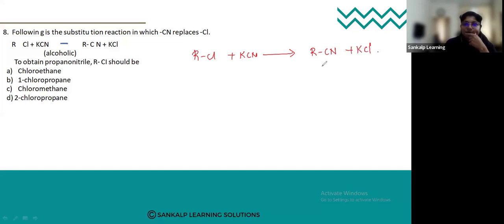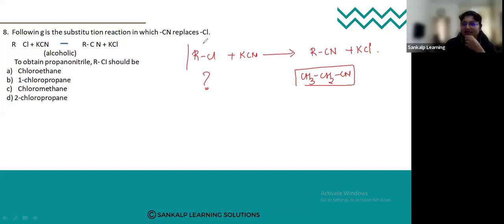So to obtain propanenitrile, CH3CH2CN, what should RCl be? A, chloroethane; B, 1-chloropropane; C, chloromethane; and D, 2-chloropropane.